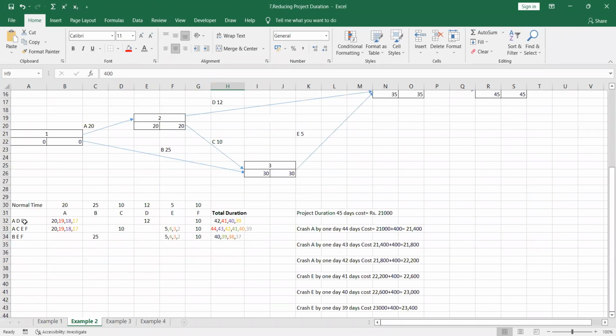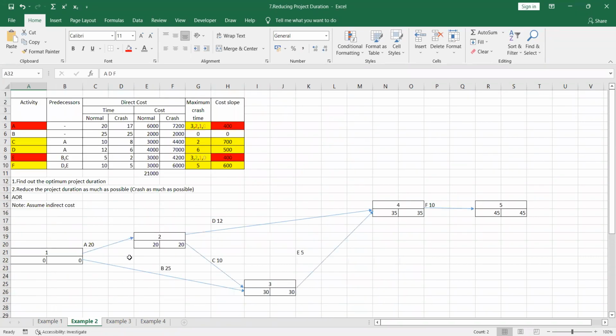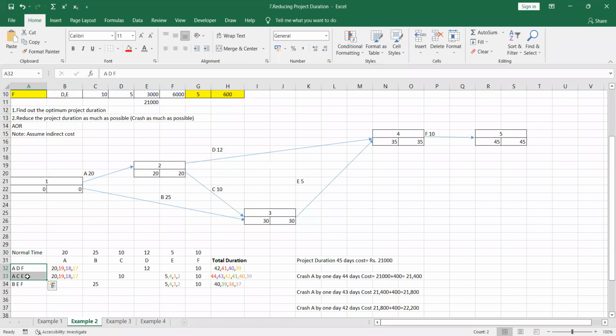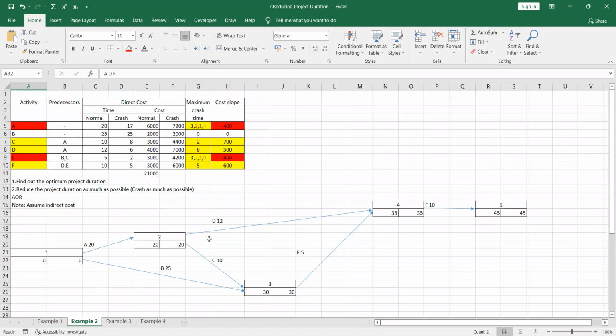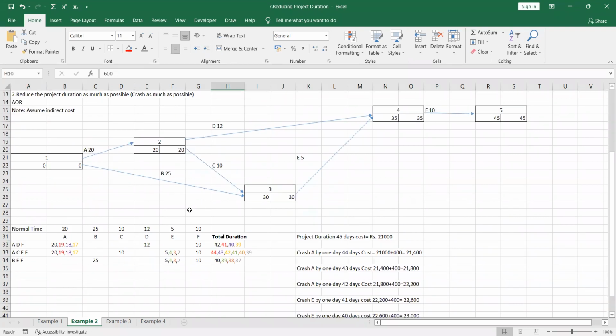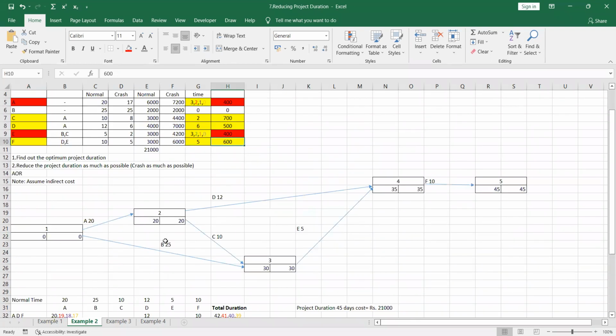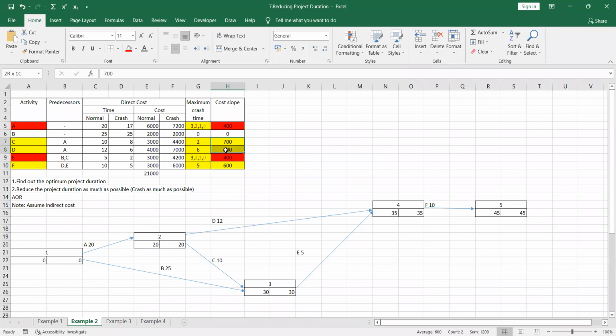So these are the two paths that we are having. A and E are cut now. So we are having F activity. F activity and C and D. For the F activity, it is 600. F activity is common. And for the C and D, it is 700 and 500.